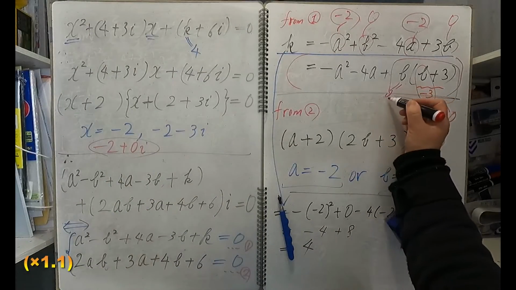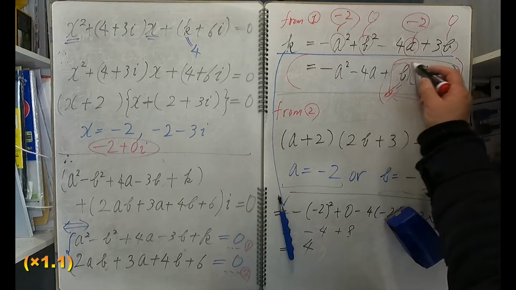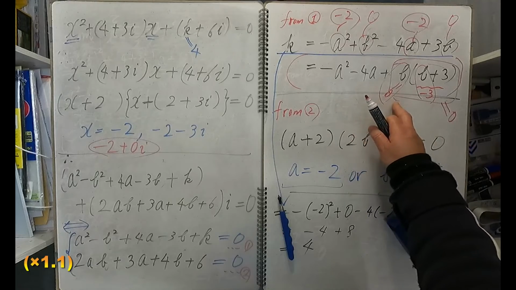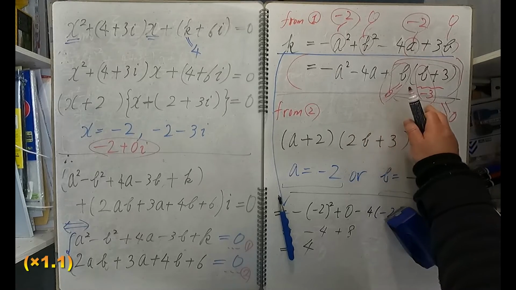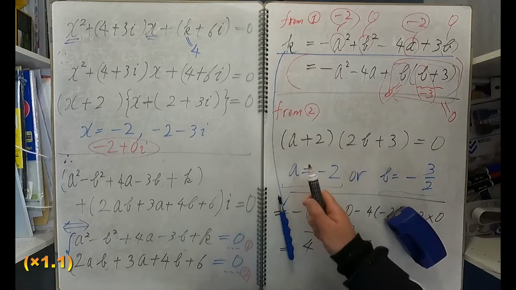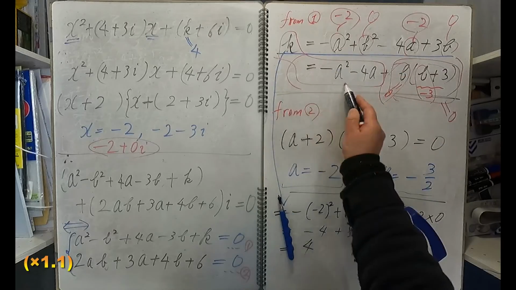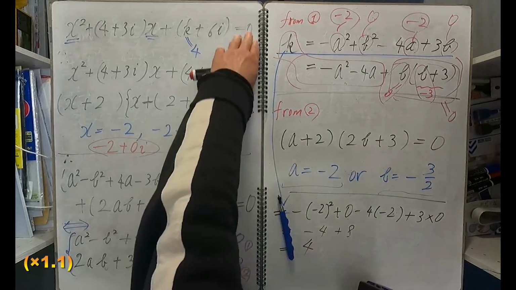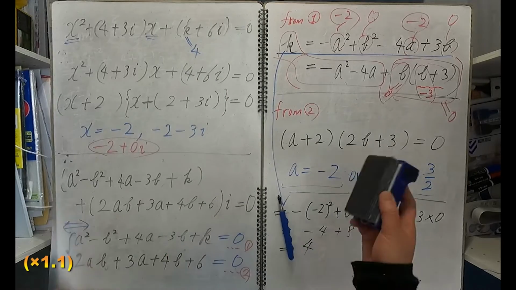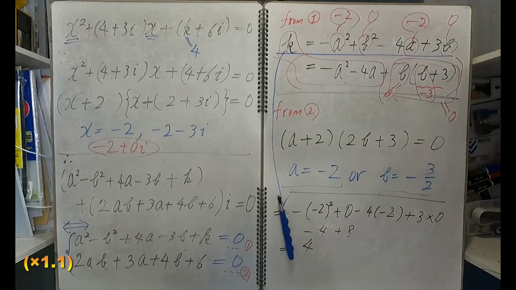So if b equals 0, this part is equal to 0. So that means if b equals 0, and also if b equals minus 3, k has the same value. Both cases k equals this. So from this, it is kind of reasonable.